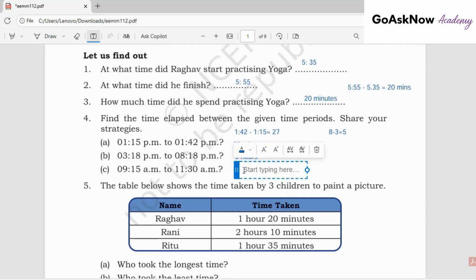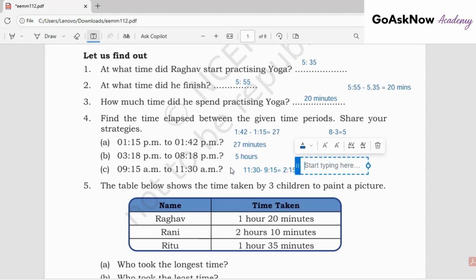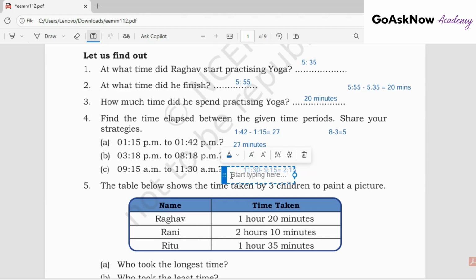After that, in C, let us calculate 11:30 minus 9:15, which is 11 minus 9, which is 2, and 30 minus 15, which is 15. The answer is here 2 hours 15 minutes.